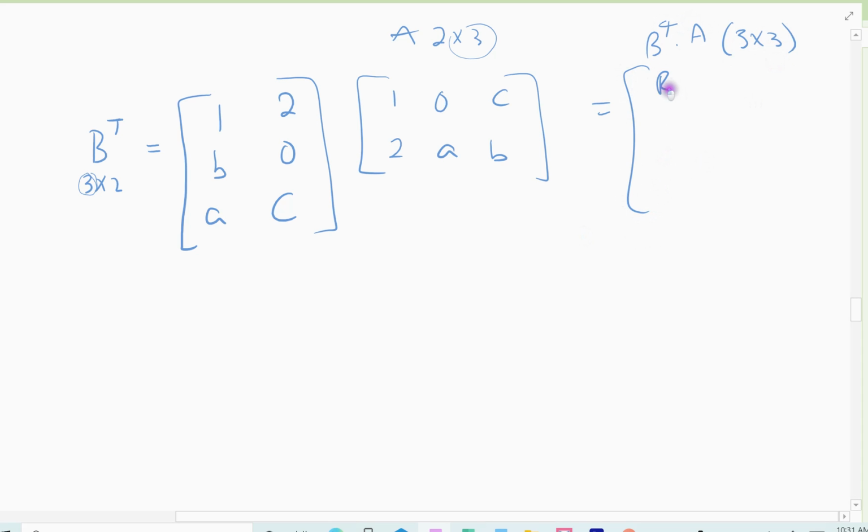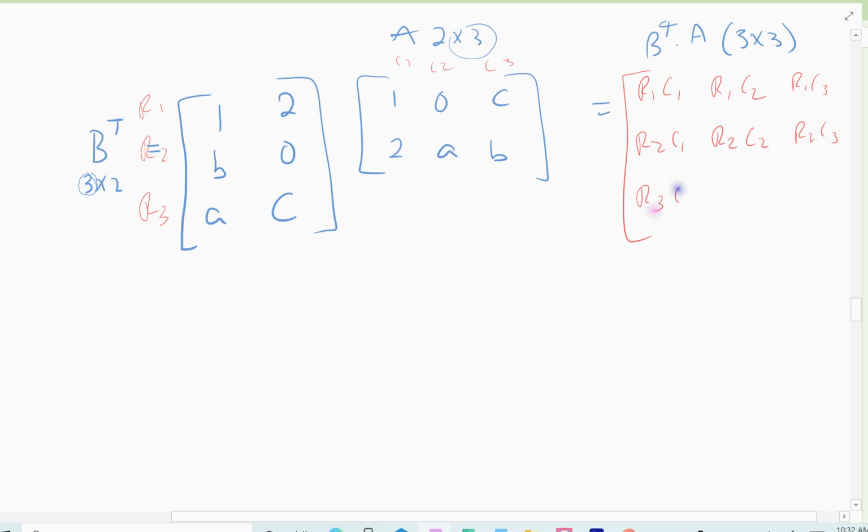Alright, I'm going to take row 1, right? I've got row 1, row 2, row 3, column 1, column 2, column 3. So I take row 1 by column 1, row 1 by column 2, row 1 by column 3. Row 2 by column 1, row 2 by column 2, row 2 by column 3, and then row 3 by column 1, row 3 by column 2, row 3 by column 3.